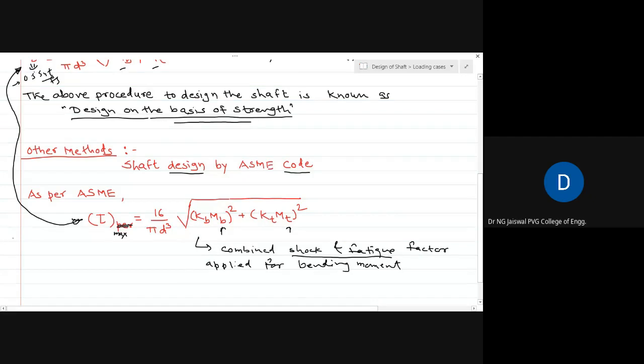Now, we know whenever the machine starts, suppose there is a machine and there is a shaft, and the shaft is subjected to some amount of torque. Let us say some 20 kilonewton meter.